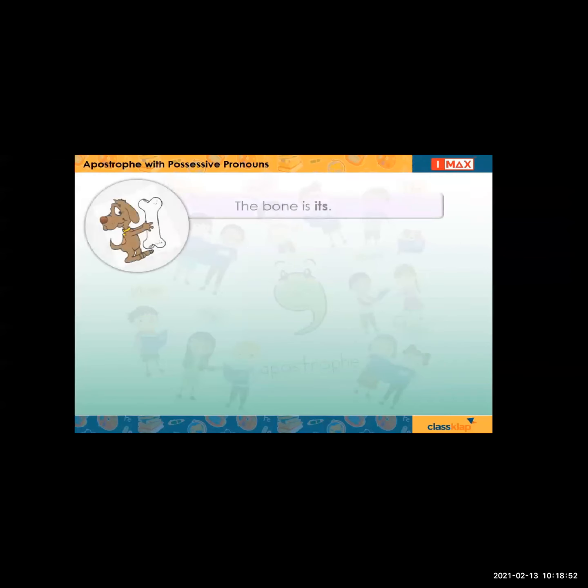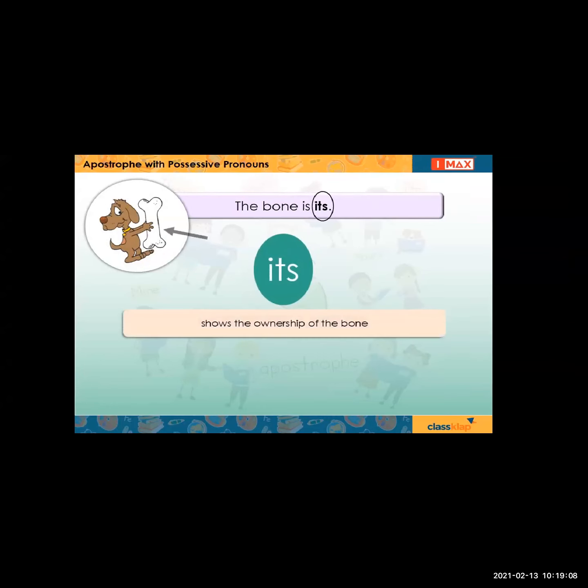Now, look at the following sentence. This sentence does not have any apostrophe in it. Here, the word its shows the ownership of the bone. It tells us that the bone belongs to it, the dog. The word shows belonging or possession. So, its is a possessive.